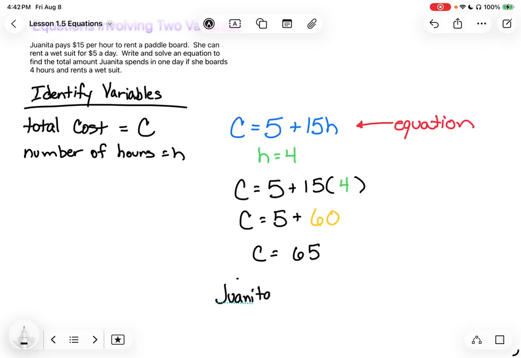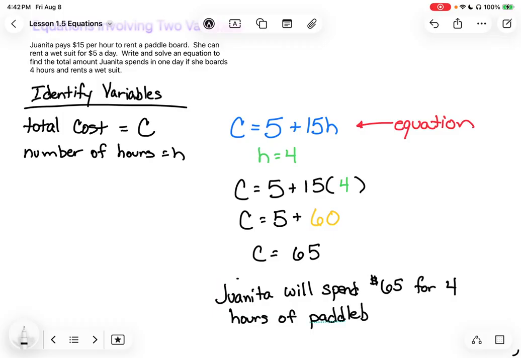Juanita will spend $65 for 4 hours of boarding. So we wrote the equation from the information that we were given, and then after we wrote the equation, we used it to solve the question we were asking, which is, what is she going to pay for those 4 hours?